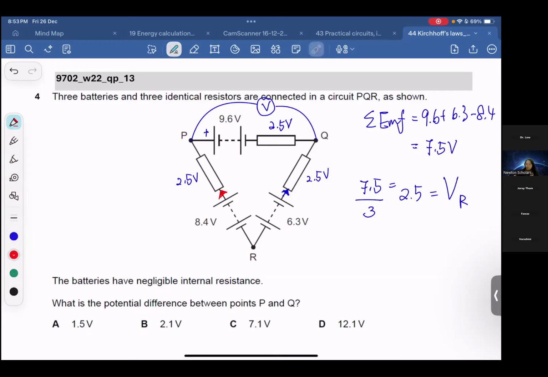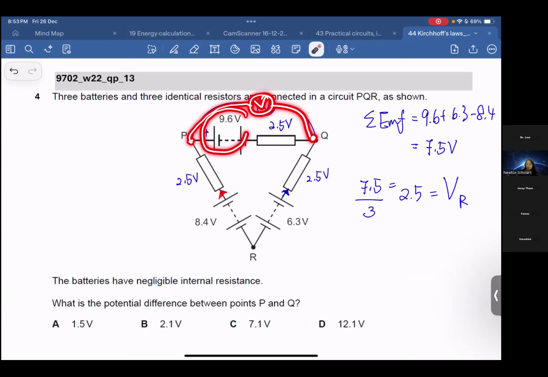Okay, dear. So next step is, what is the voltage across this P to Q? Okay, so dear, here, you see, this one is 9.6 provided. This one is the resistor, energy will be dissipated to the surrounding.